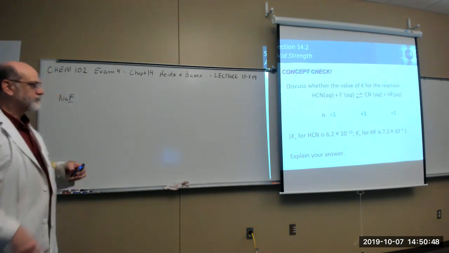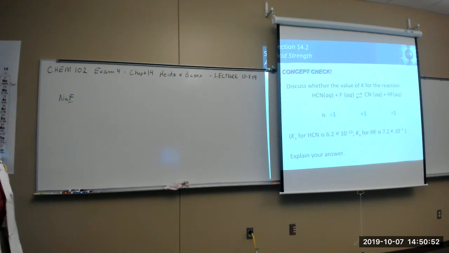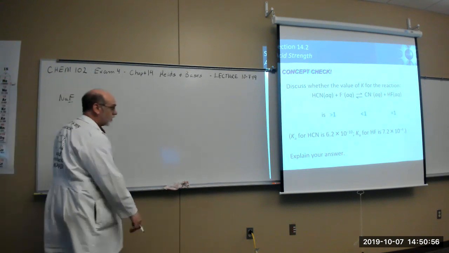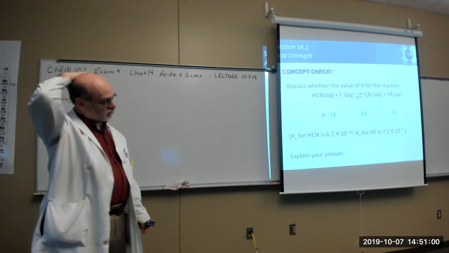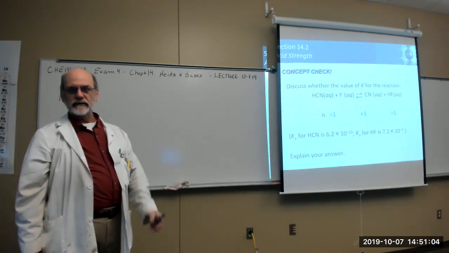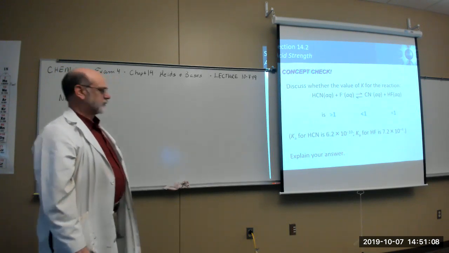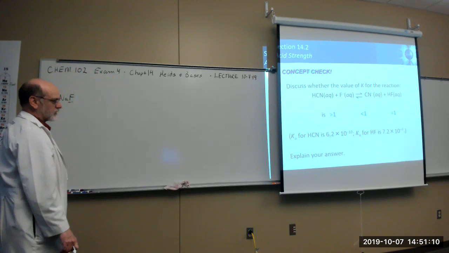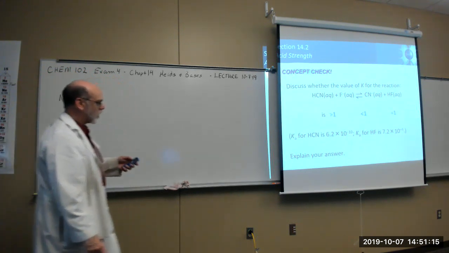So we want to know what is the K for that reaction. Remember when we combined reactions? Hess's law, for instance, when we were doing thermochemistry, right? So we want to look at what reactions are involved.